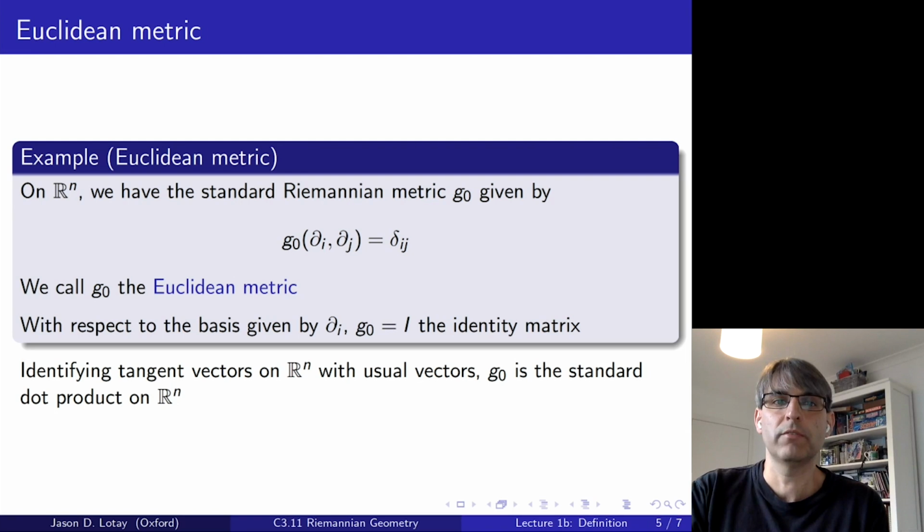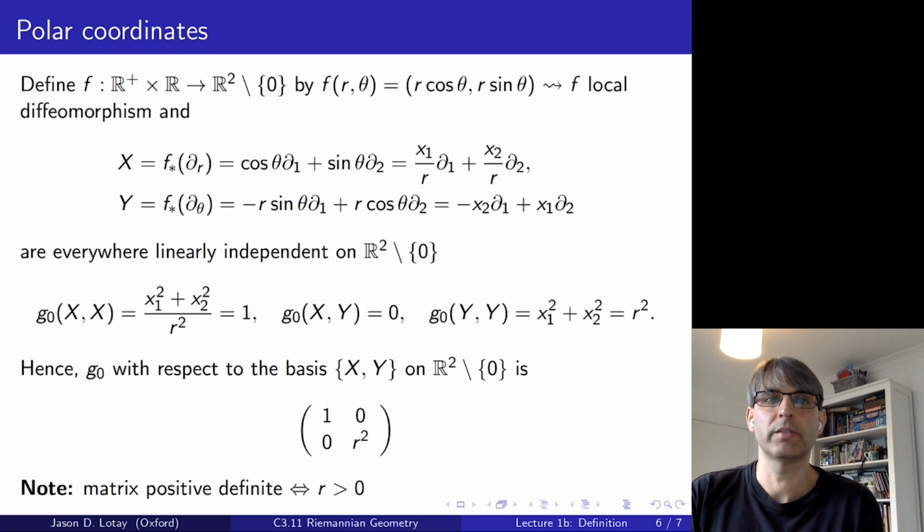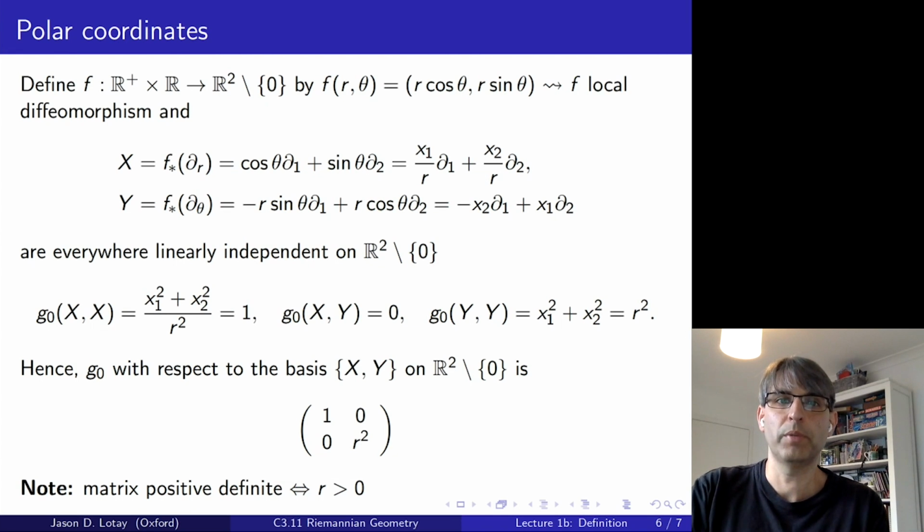So now I want to give the same example, but to illustrate an important point. I want to think about the choice of coordinates, and now I want to think about polar coordinates. So let's define a map F from R^+ times R to R^2 minus the origin, given by the polar coordinate map.